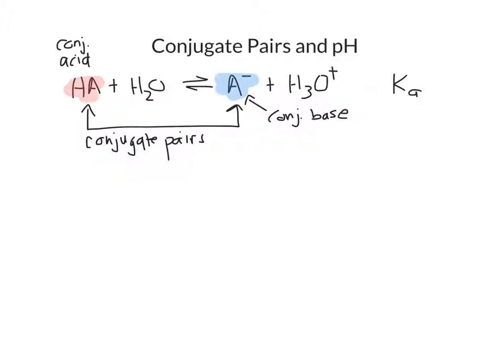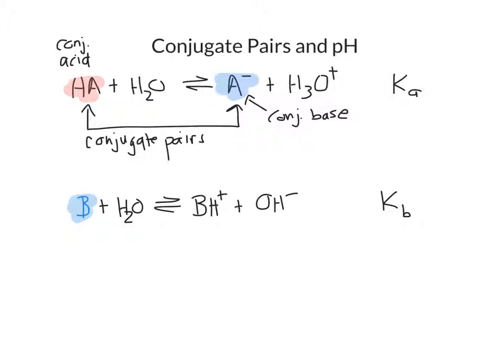If we look at the base hydrolysis reaction, where we have a base added to water to form the base plus a proton and OH-, which is an equilibrium reaction called a base hydrolysis and has an equilibrium constant designated by Kb, we notice the same type of pairing. So we have a molecule that will accept a proton from the water. So it accepts a proton. It's acting as a base.